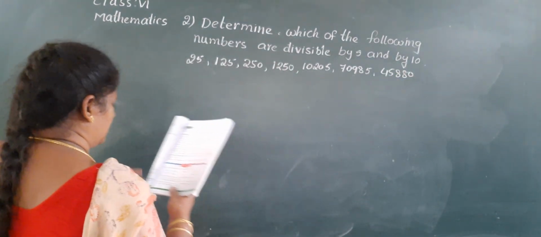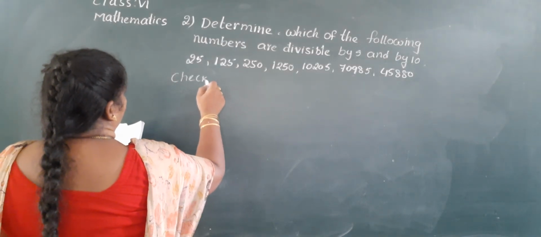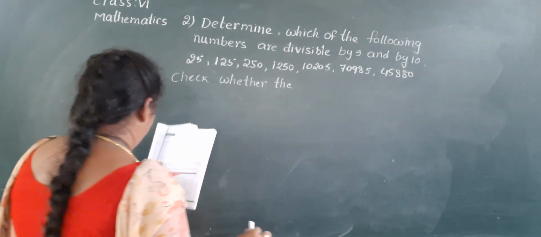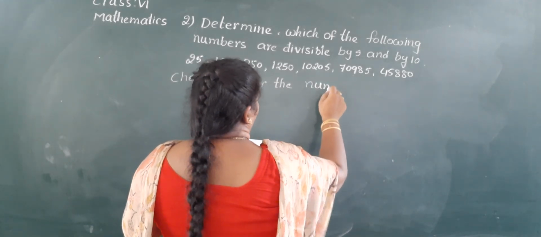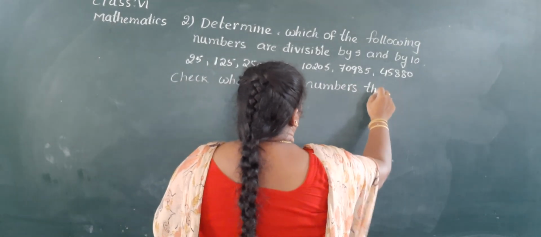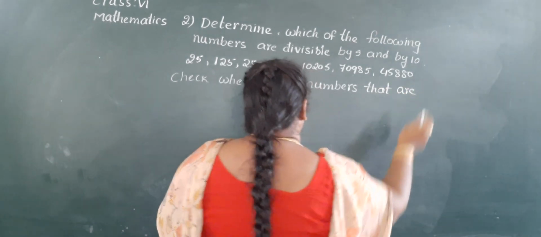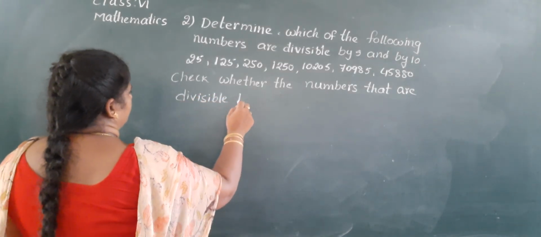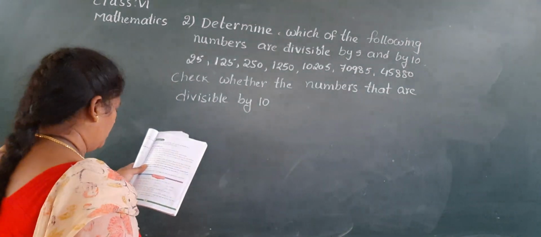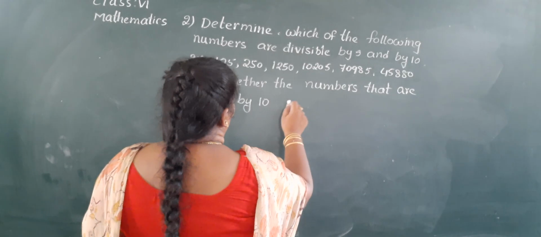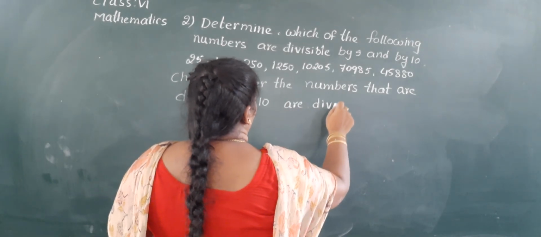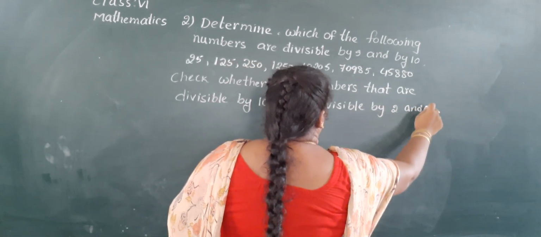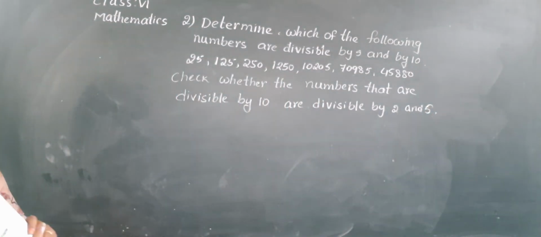So check whether the numbers that are divisible by 10 are divisible by 2 and 5. Okay, note down in your classwork neatly, children.